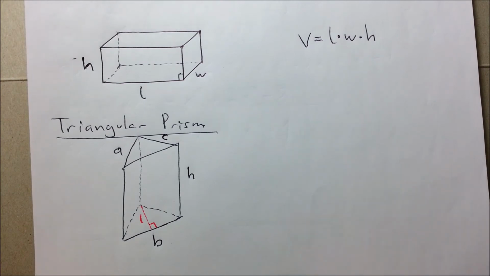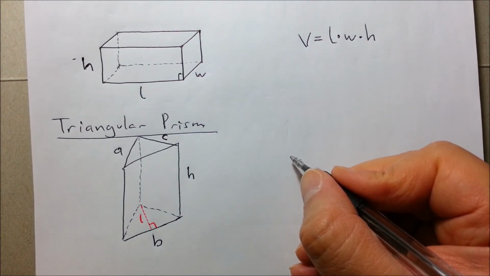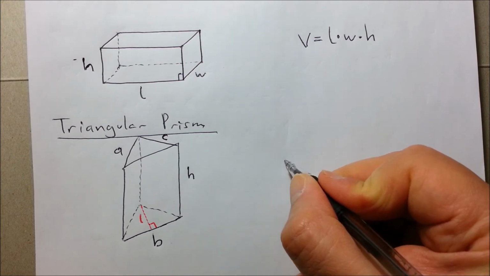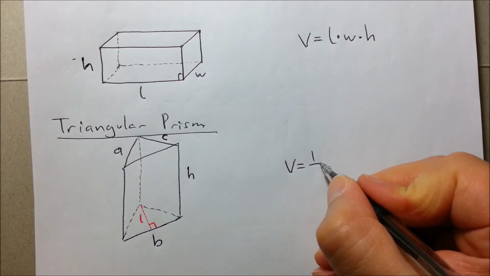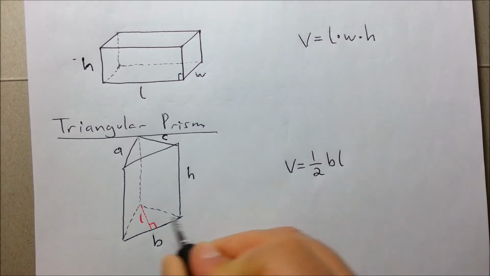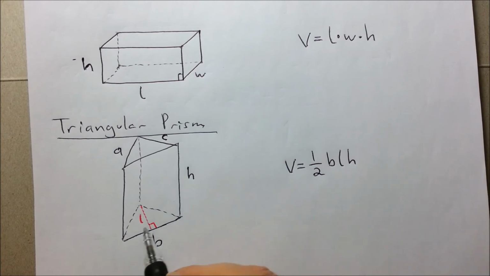What's the formula for the volume of a triangular prism? Volume is equal to 1/2 times base times L, which is this one over here, times the height, which is essentially the area of the base times height.